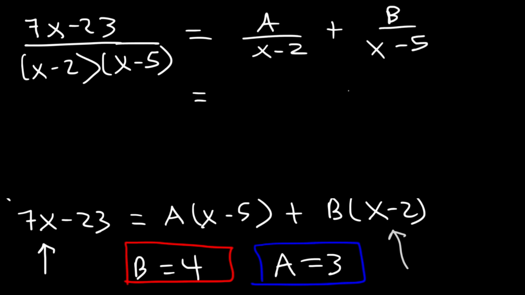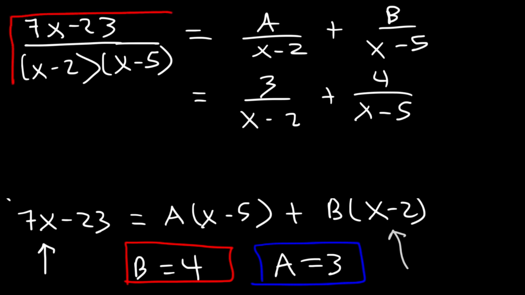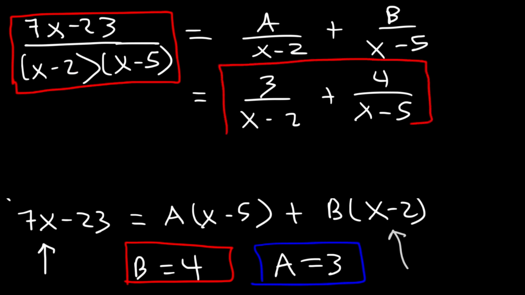Now we have the value of a. a is 3, and b is 4. So therefore, we can see that this fraction is equal to 3 over (x minus 2) plus 4 over (x minus 5). That's the answer.